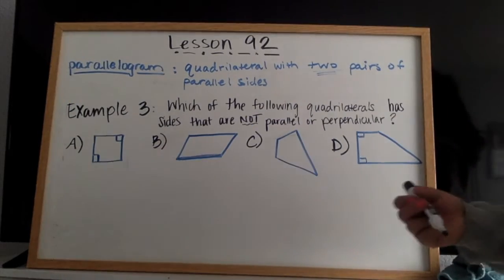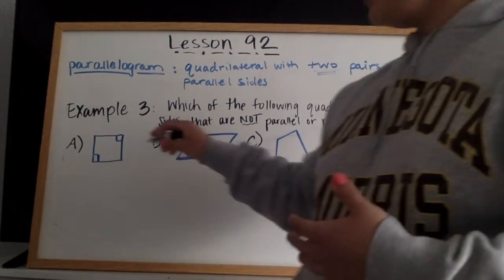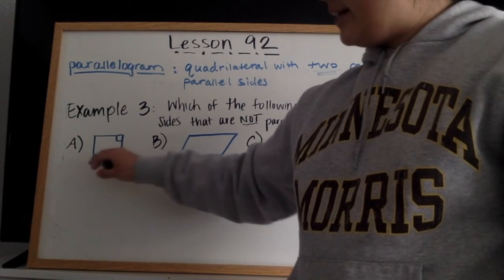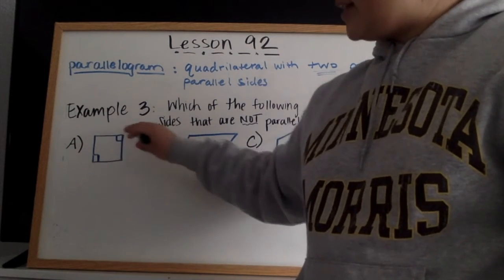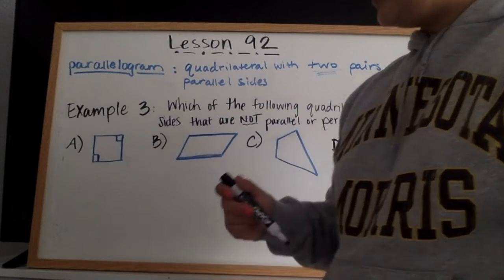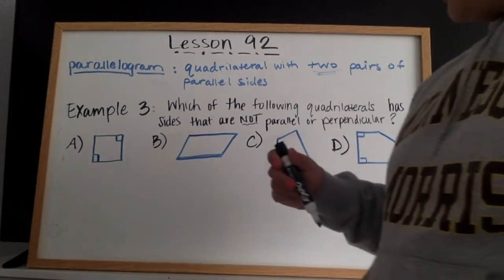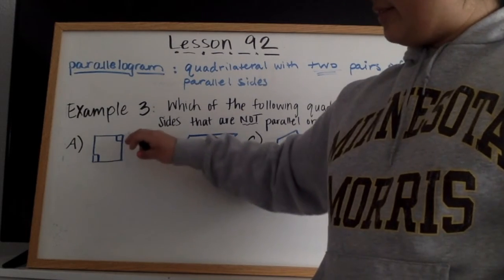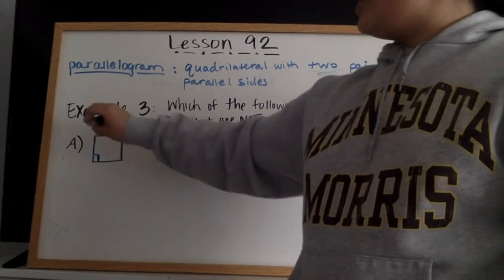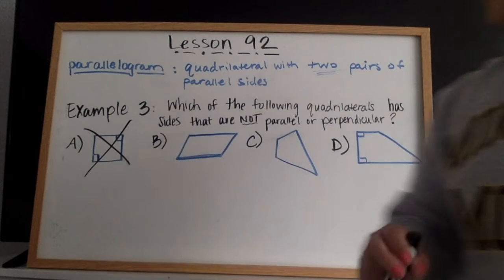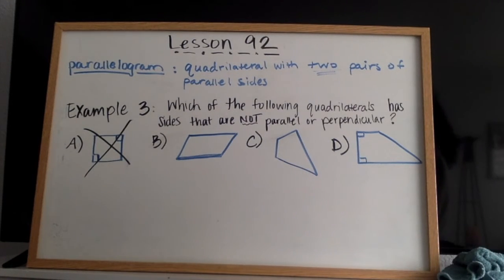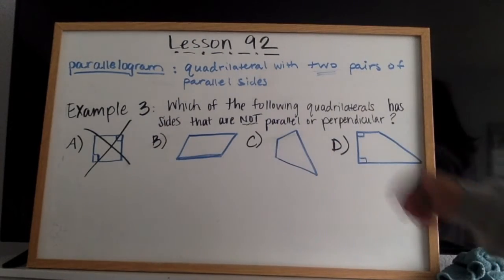So as we go through, I'm going to start with letter A. Letter A has parallel sides on the bottom and the top and on the left and right. They also have perpendicular lines because they make L's in every corner actually. So it's not going to be A because letter A has both parallel and perpendicular lines. So it's the complete opposite of what they're asking us.